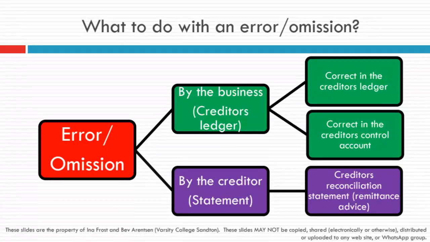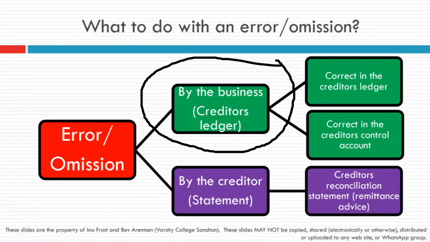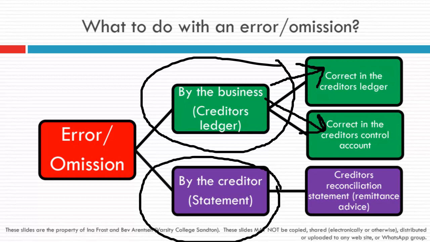So if the business made the mistake, they would then need to go and update the creditor's ledger, and in some instances also the creditor's control account, depending on where the mistake was made. If the creditor actually made the mistake, then we are going to make the correction on our creditor's reconciliation statement. So first of all, you just need to decide who made the mistake to determine where we need to make the correction.